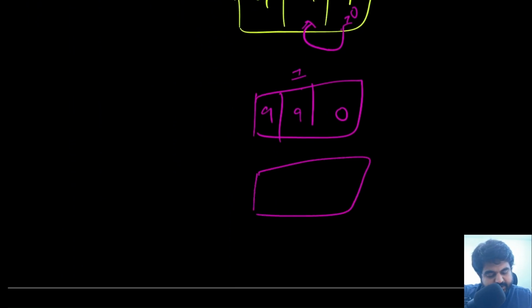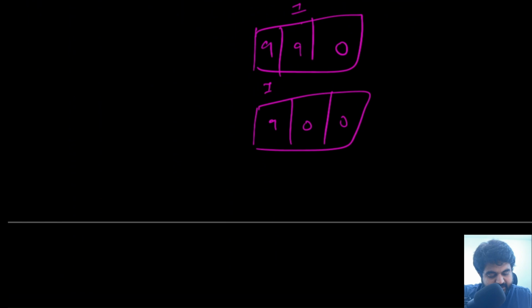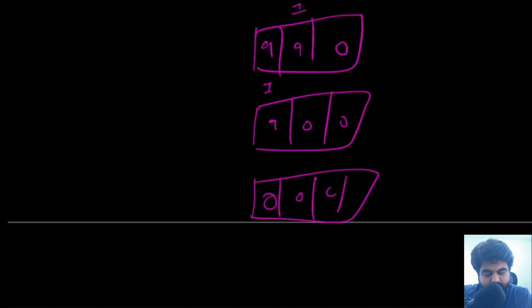After the same operation, once again this would become 0, this would become 0, and we would have 1 carryover above this 9. Once again in the next iteration all of these 3 would have become 0, and we would still have one more carry that we are going to add in a newly created value.